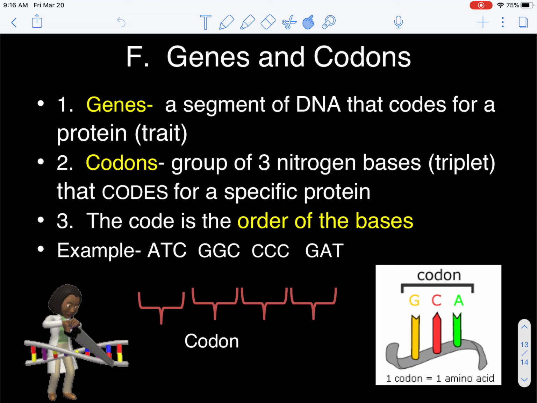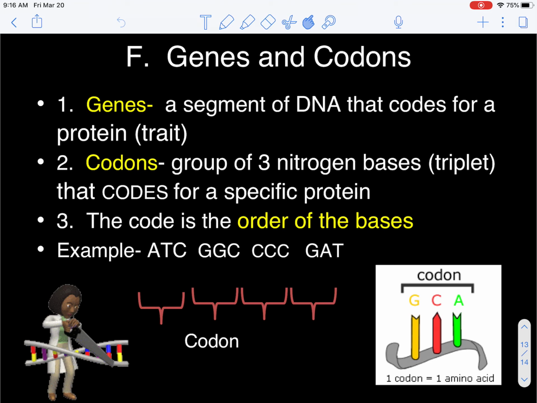So each codon here is going to code for a specific amino acid that will actually code for a protein that codes for your traits. I know I just said a whole lot, but what it really means is that these codons are specific for your traits, meaning that you can have a group of 5 codons that code for a specific protein, giving you brown eyes, or you can have curly hair, or you can have straight hair, blue eyes.